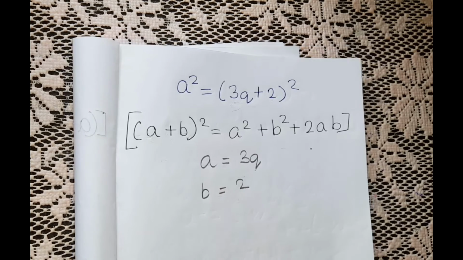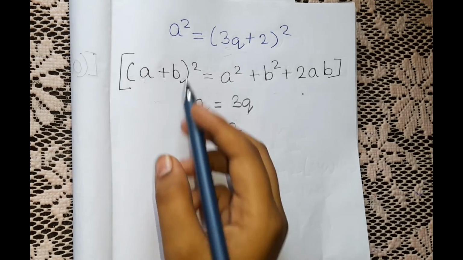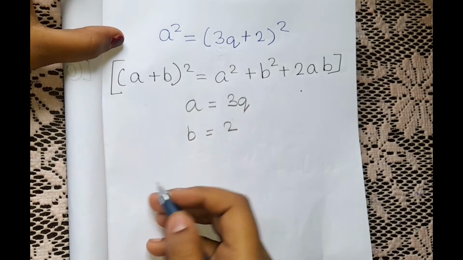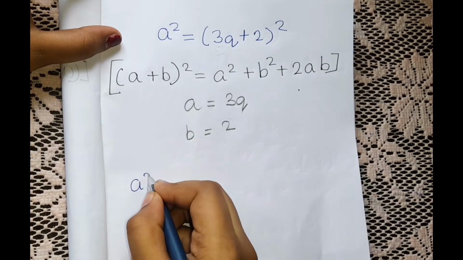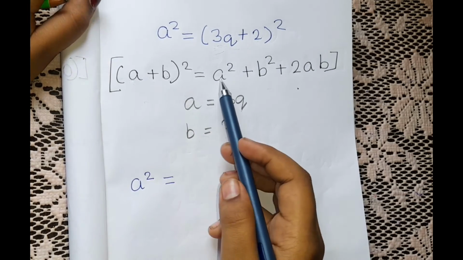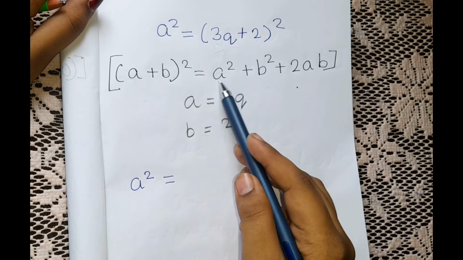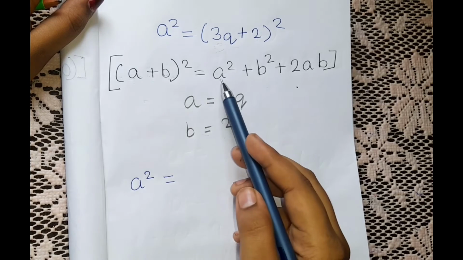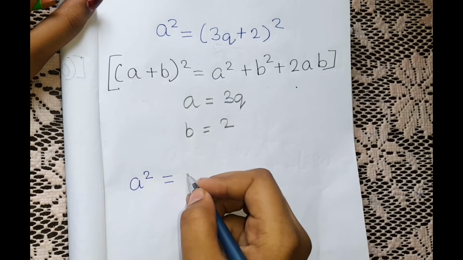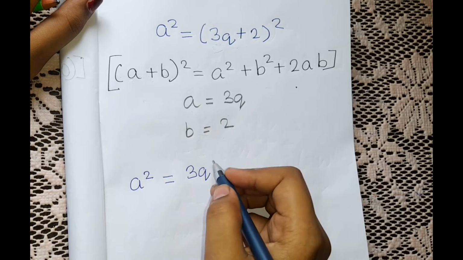Remember this. So now let's apply this formula and let's solve it. First let's write this a square as it is. So a square is equal to, so here it is a square. Now let's apply the formula. Instead of a we should write 3q, and here it is square, so we shall write square.